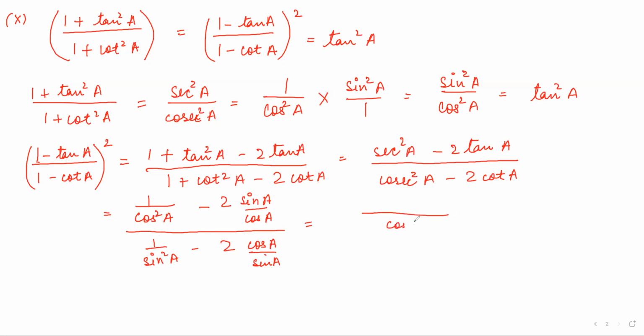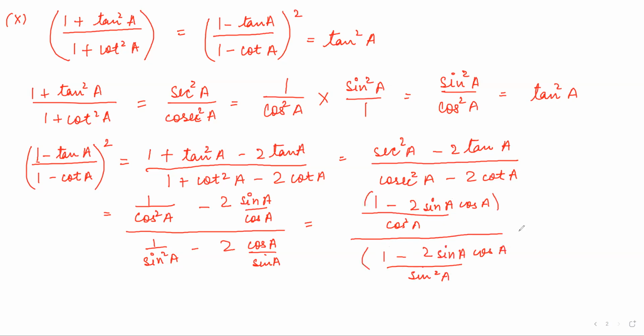So LCM will be cos square A, so 1 minus 2 sine A cos A, right? And then divided by LCM will be sine square A. It will be 1 minus 2 sine A into cos A, right?